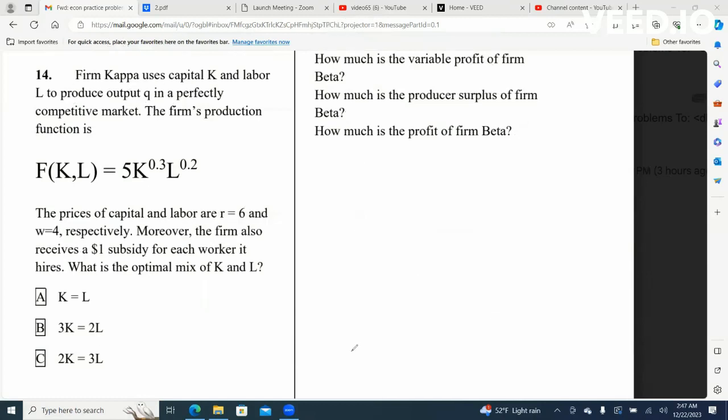So what is the outcome there? We just said that 2/3 K over L is going to equal 1/2.